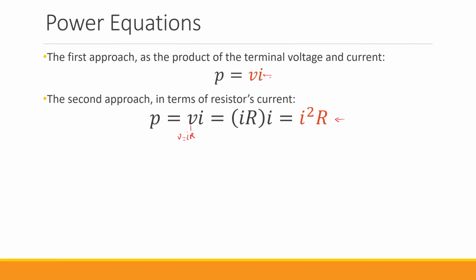When it comes to resistors, since we have this very simple relationship based on the Ohm's law, we can replace V with IR, and this gives us this equation, I squared multiplied by R. So that is the second approach in terms of the resistor's current to find out the power that is being consumed by a resistor.